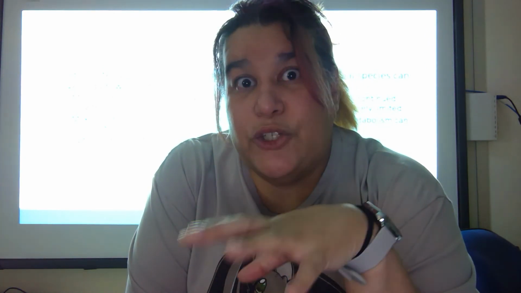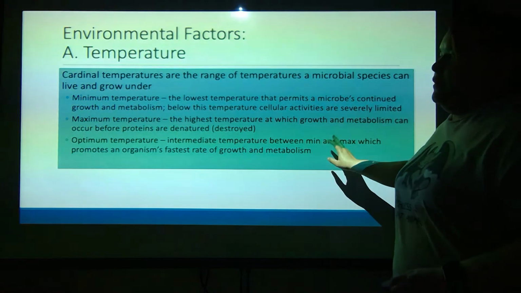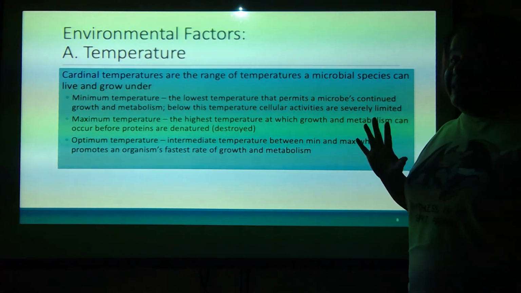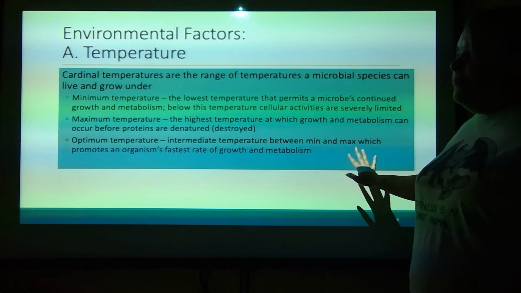Now, do it for enough of the proteins inside of that cell, and yeah, the cell's not going to be able to do anything because all of the machinery inside the cell that allows it to function is now in pieces and it's fallen apart. Okay? So, again, maximum temperature is still okay, but you get past it and it's dangerous territory.